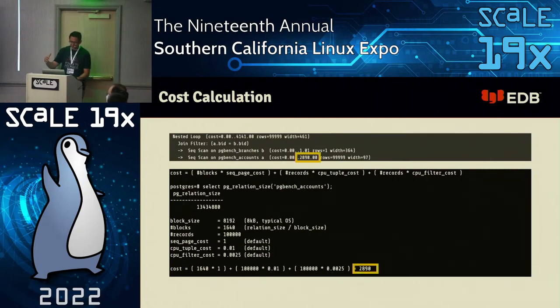You plug that all in, and at the bottom you get 2890. As you can see, these costs are tuned based on whatever you find in the conf file. If you change those numbers, it tells Postgres that it's more expensive or less expensive to grab a tuple from disk. By doing that, you can affect the choices the query planner makes. I'm going to get into that a little more later.